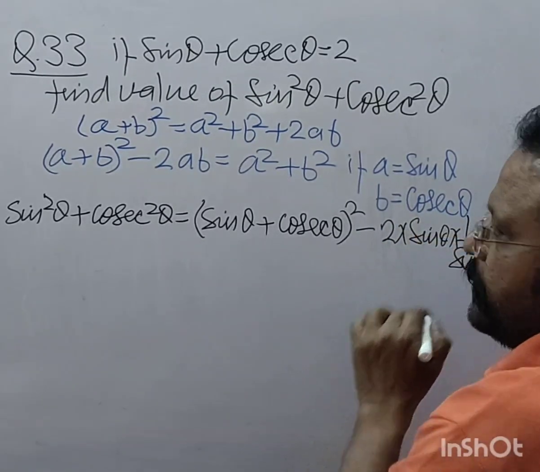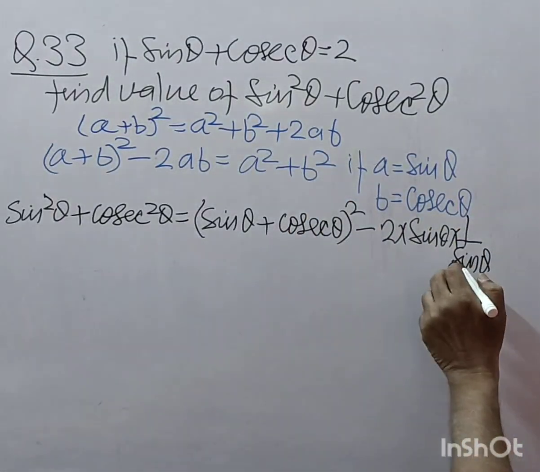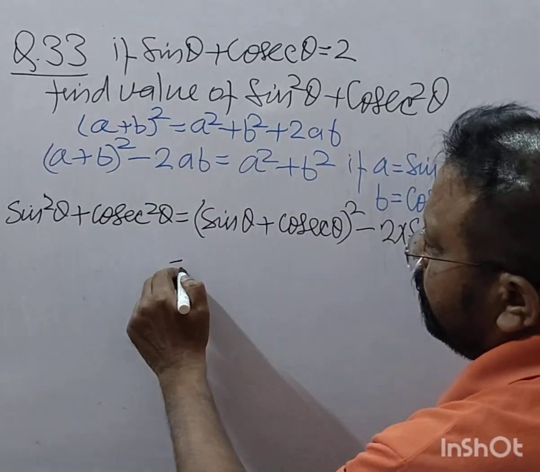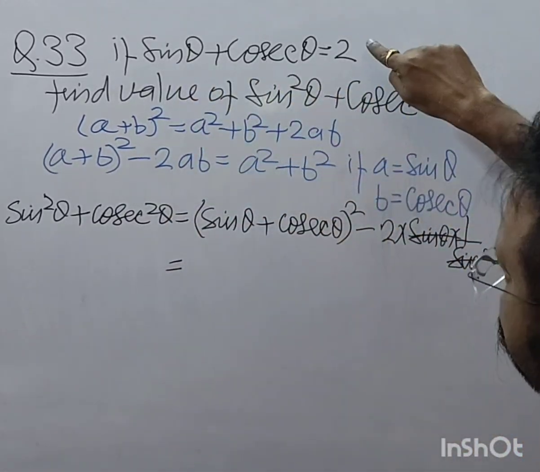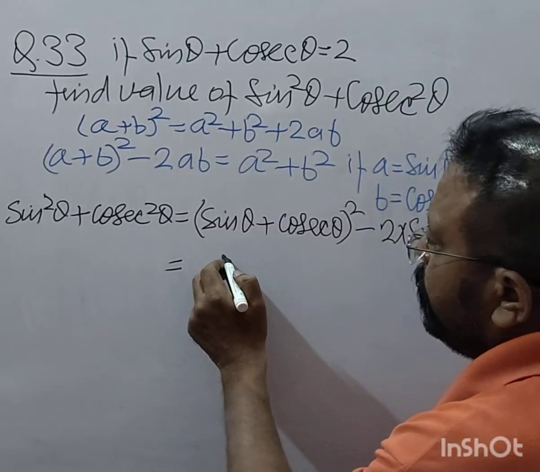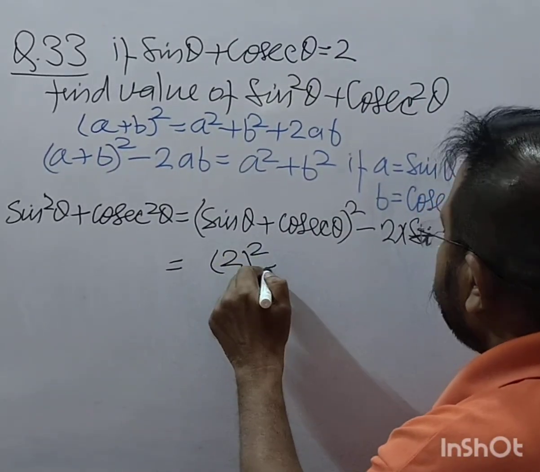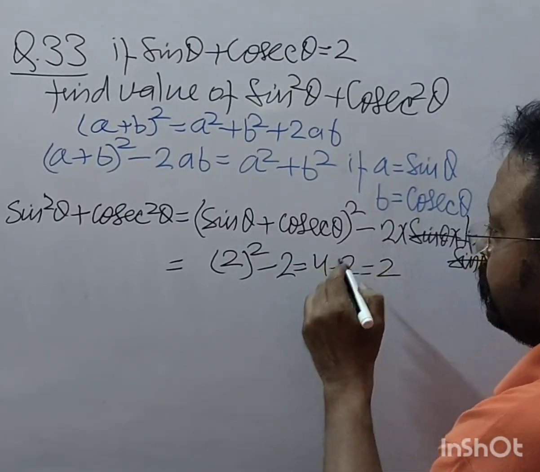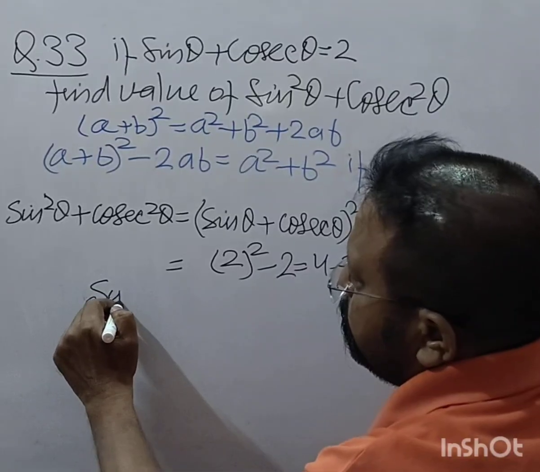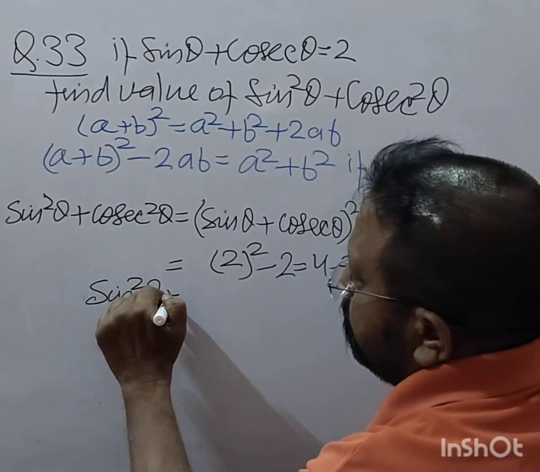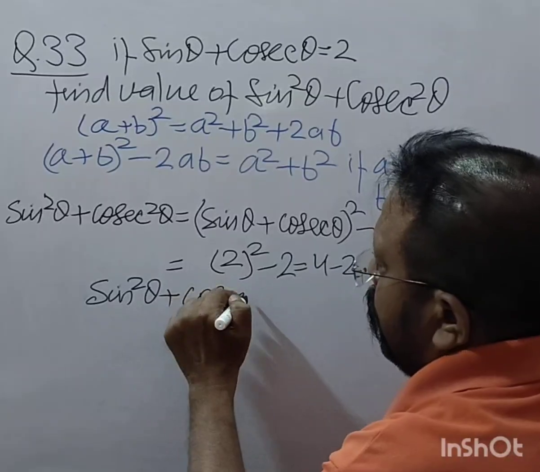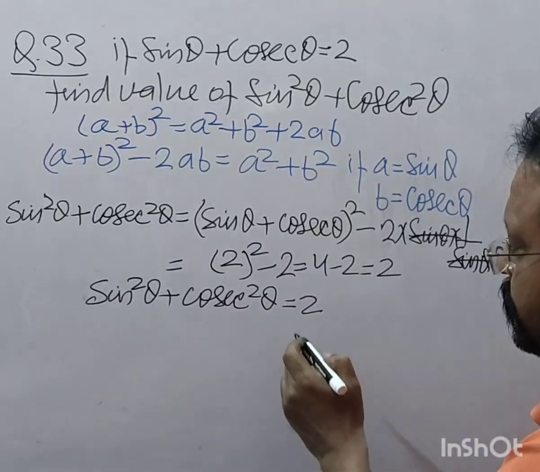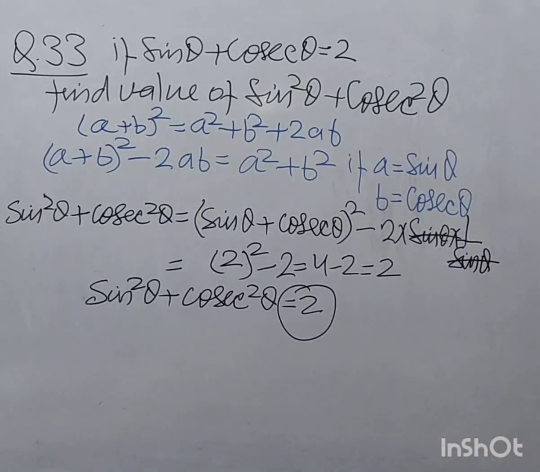Cosec theta is 1 upon sin theta, so this cancels out. Sin theta plus cosec theta is equal to 2, so we put 2 square minus 2. So it becomes 4 minus 2 is equal to 2. So sin square theta plus cosec square theta is equal to 2. This is the value we get. What is your answer?